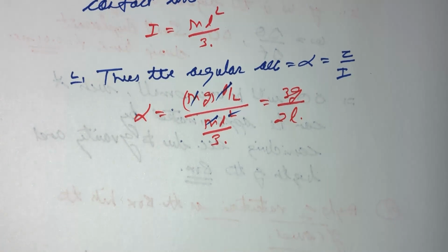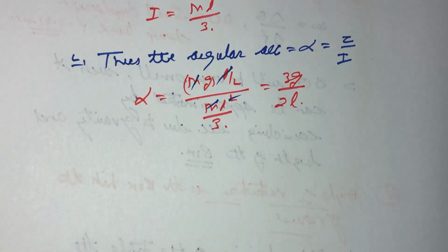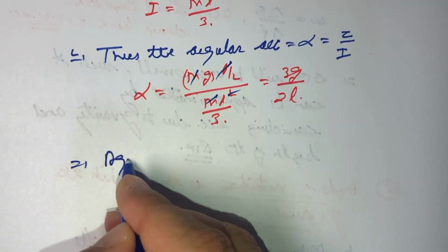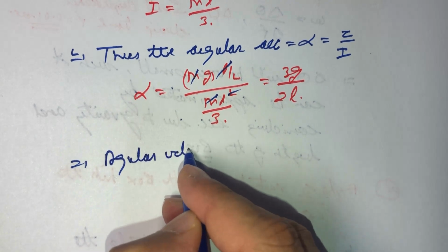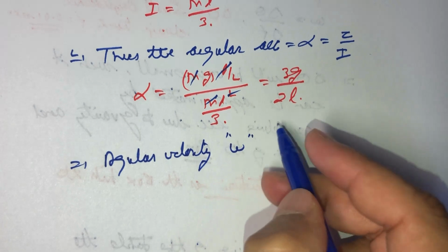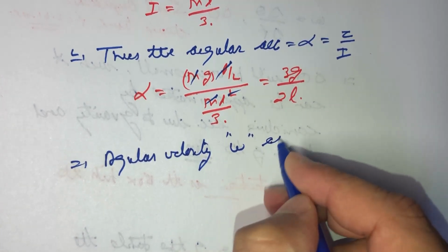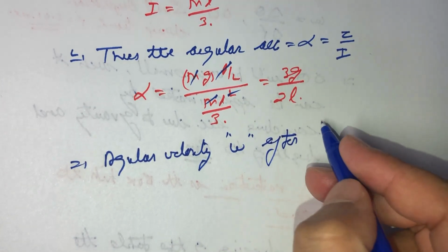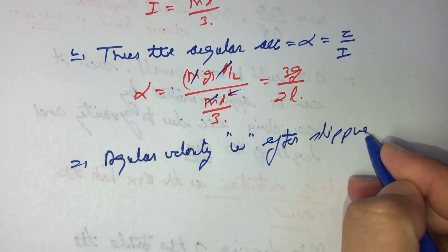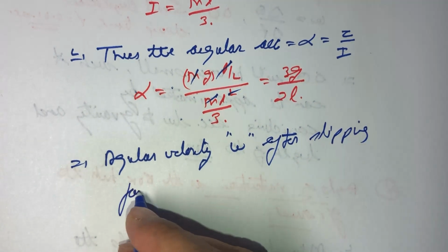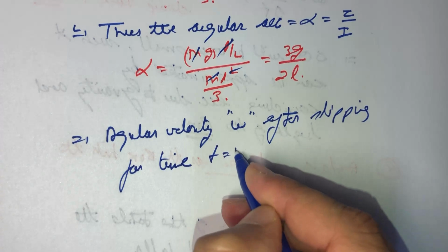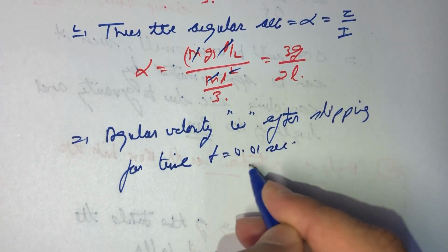And now we can easily find out our angular velocity. So we can say that angular velocity omega after slipping for the time t is equal to 0.01 seconds.